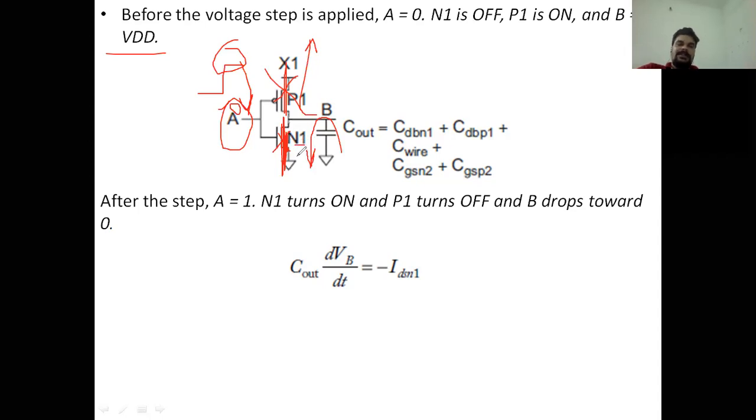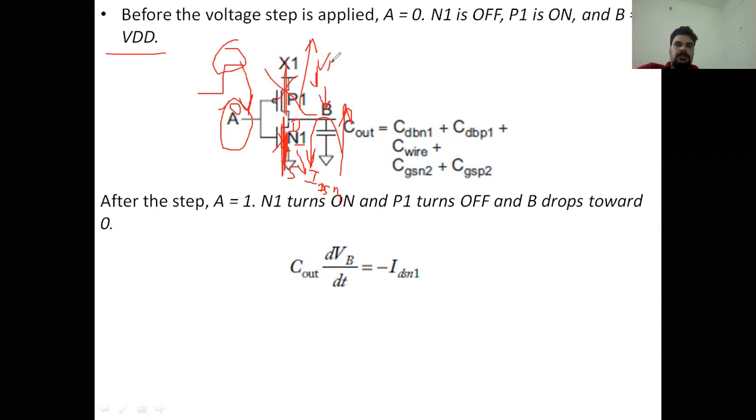So what is the equation that will govern this? This is the drain terminal of NMOS. This is the source terminal of NMOS. The current flowing here is your drain to source current for N1, IDS N1. This current is flowing like this in the capacitor. The voltage here is VB.